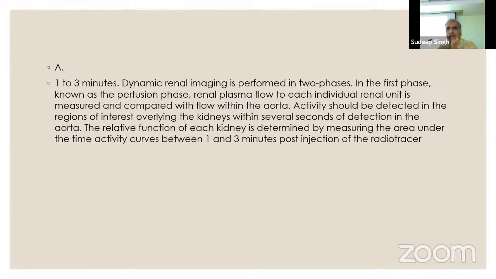So you must understand the various phases. First is the vascular phase, which comes in the aorta within 1 to 3 seconds. In the kidney, it comes at 5 to 6 seconds. Then you have the parenchymal phase, and then the washout or excretion phase.